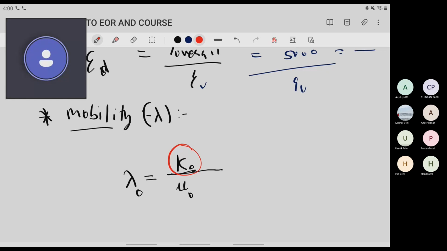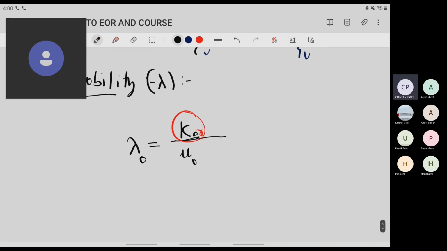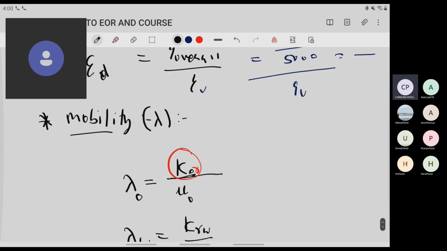No, it's a relative permeability of oil, and mu is the viscosity. Just remember this. For water, it changes accordingly.